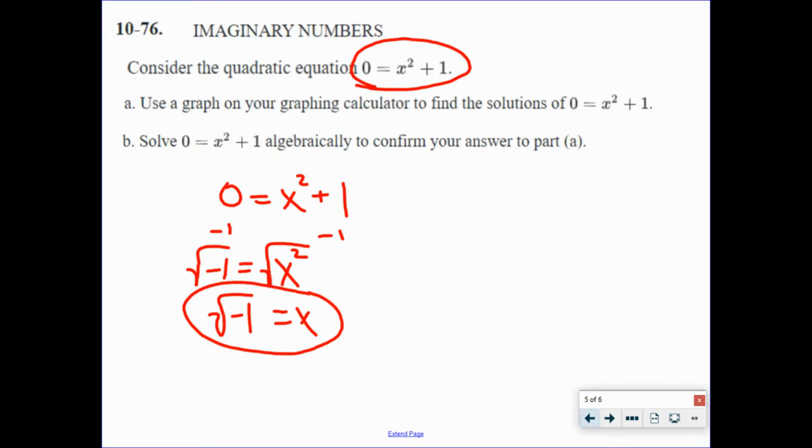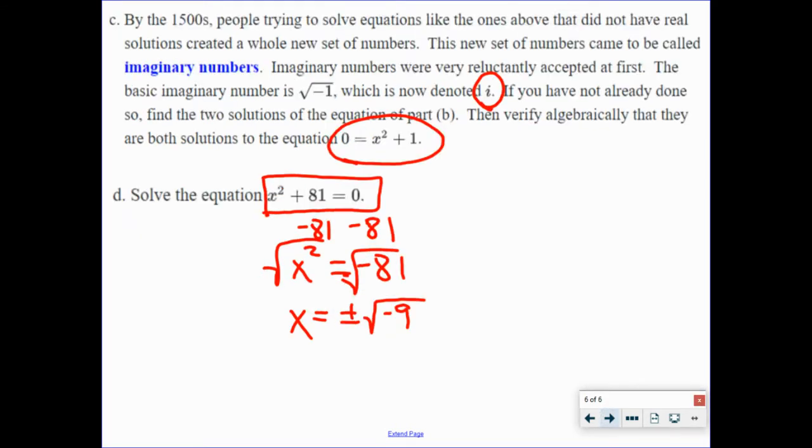And our solution is going to be x equals plus or minus the square root of -81, right? And I'm sorry, I actually did not touch on that in the last equation. You should have gotten 2 solutions for this one, right? Plus or minus. But in this case, what can we pull out of here? Well, if you remember 81 is a square number, you should be able to pull a 9 out of here.